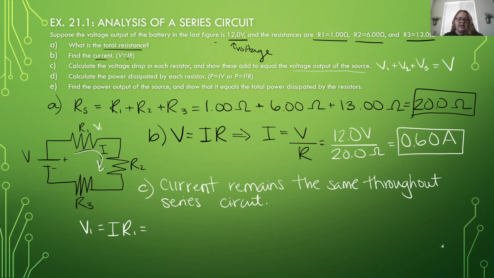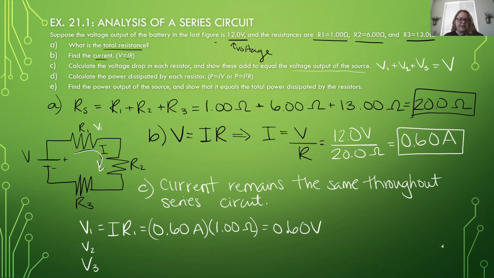So we have I, which we just found was 0.60 amps, and our resistance was given to us as 1 ohm. So that's just going to be 0.6 volts. So that's our first one.